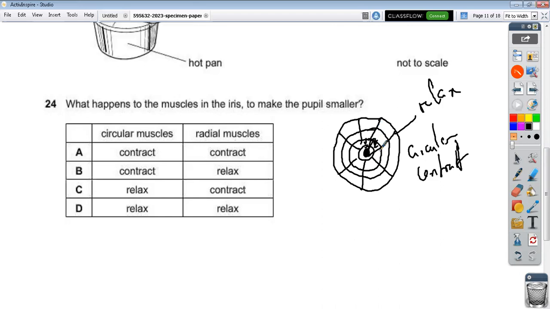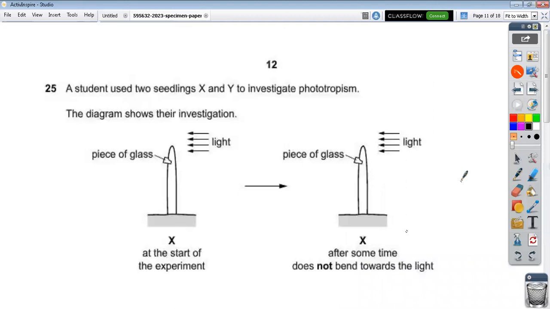So the circular muscles have to contract and the radial muscles have to relax. Is it clear with everyone there? Not difficult. Control of light intensity.